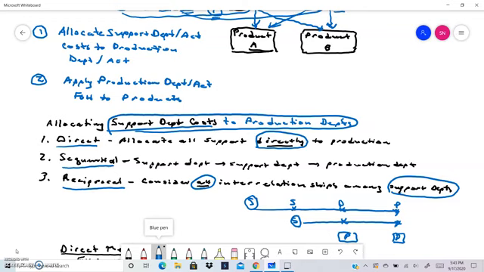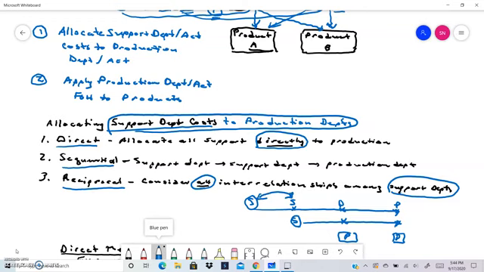So maybe maintenance is fixing some of the janitorial machines that they use, polishers, vacuums, things like that. So they'd be using some of the services of the maintenance support department. So they'd both be, in effect, using services from one another.